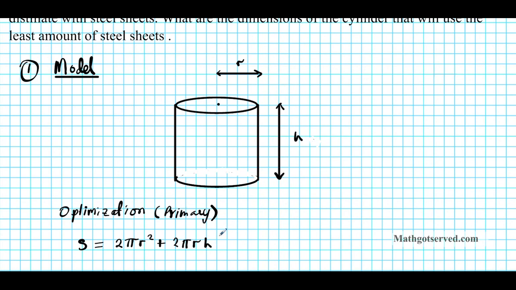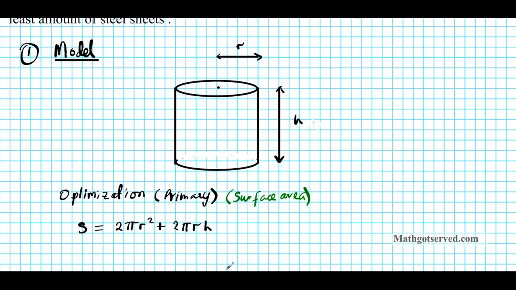Okay. All right, so now let's take a look at the constraint function. So for optimization, we were focusing on the surface area, and then for the constraint function, let me change the color of that. Let's make it blue.